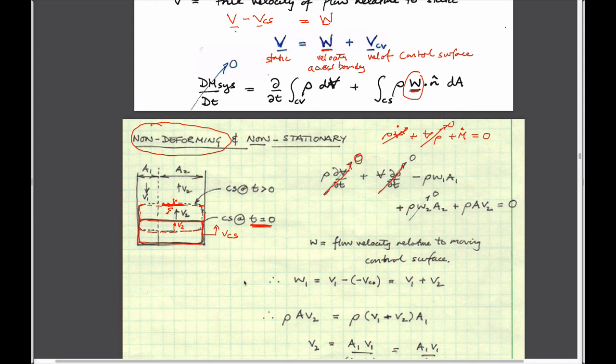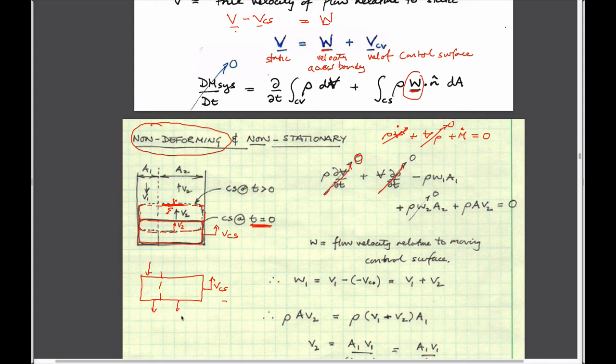So now, if we look at this, I guess we could think of 3 different velocities. We have a velocity in here. We have a velocity at which the control surface is moving. And we have a relative velocity of a fluid coming out of the bottom, right?